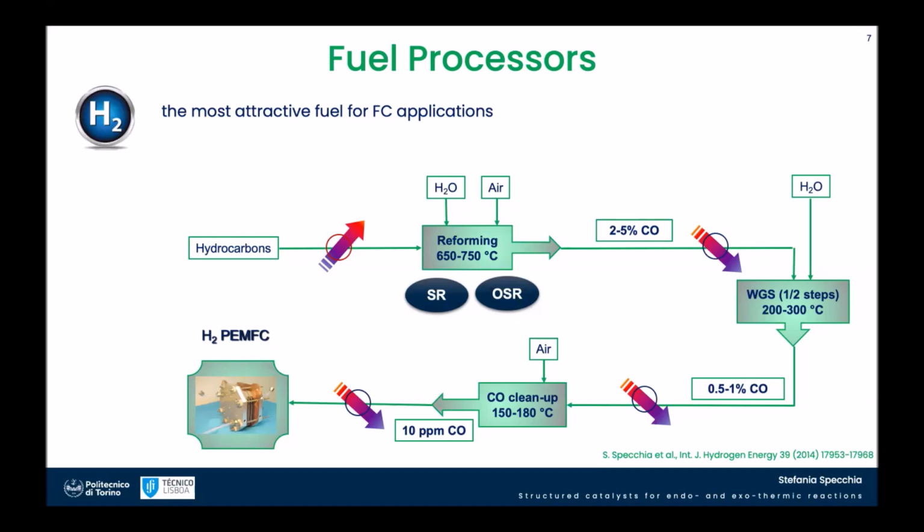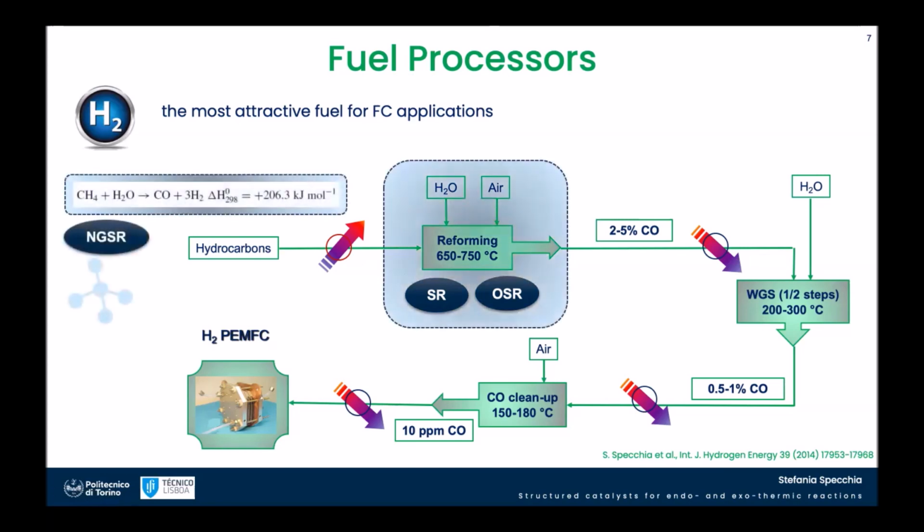With this further step, we can use the stream of hydrogen we're producing for feeding hydrogen PEM fuel cells, for example. And the point is that steam reforming, as I was mentioning, is a very interesting reaction because it is the most efficient we can apply in the reformer.